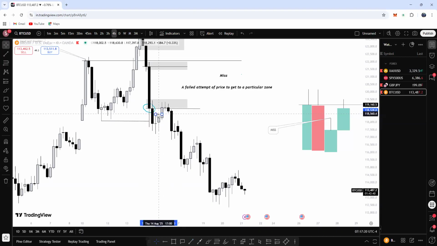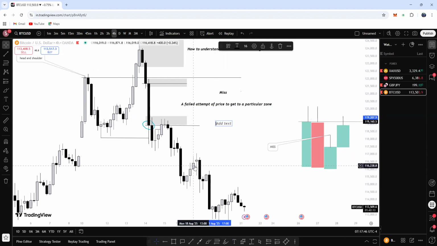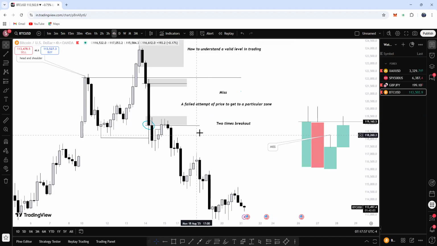Your first characteristic. The misses are even two. So you have your miss there, you have your miss here. Then number two, the second characteristic to look for is two times breakout. Number two after miss is two times breakout.